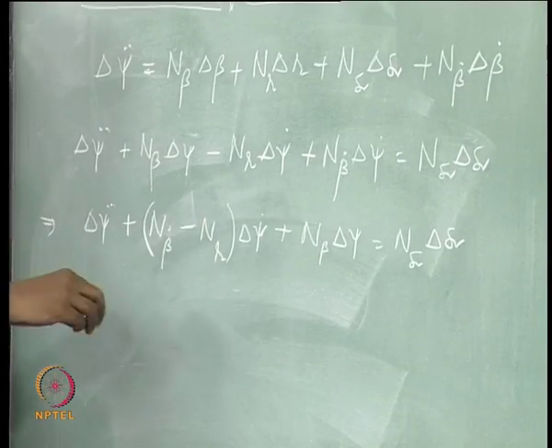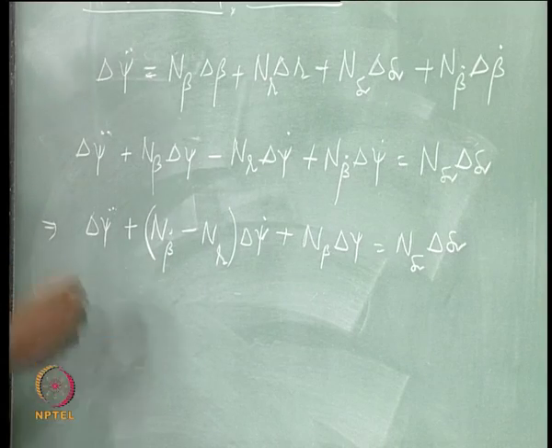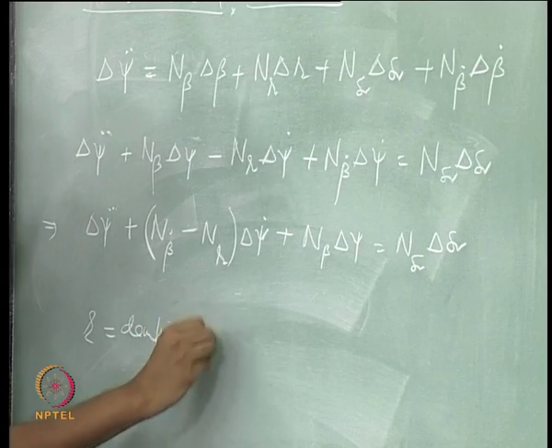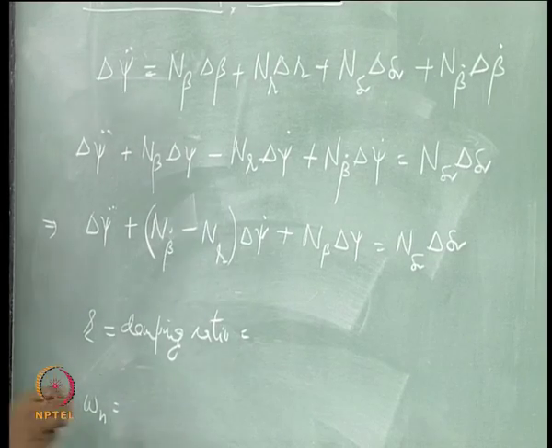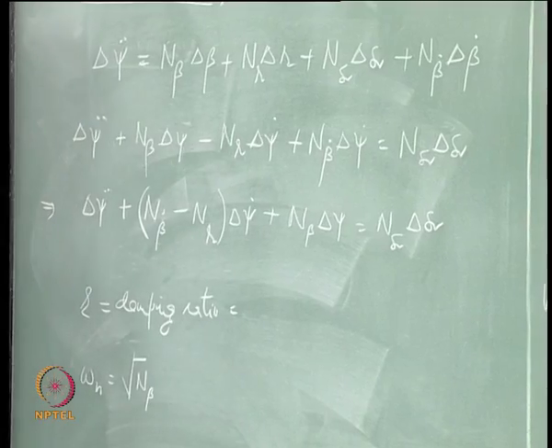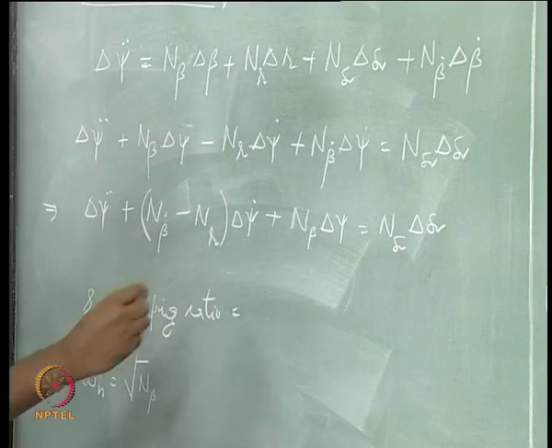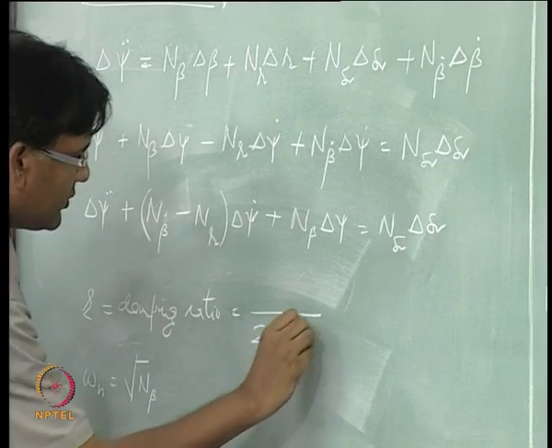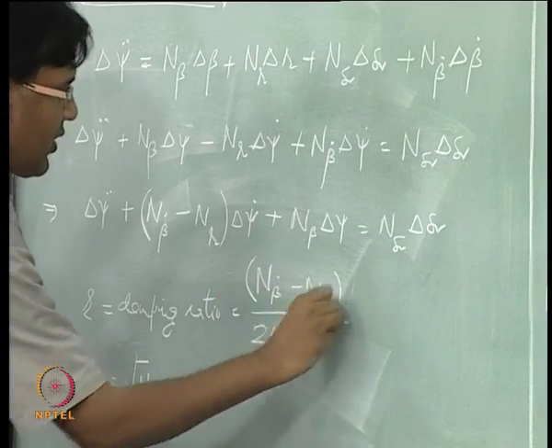So, the eigenvalue problem corresponding to this system when delta r is 0 will result in giving us the damping ratio and the frequency, which is square root of n beta, and the damping ratio is this.